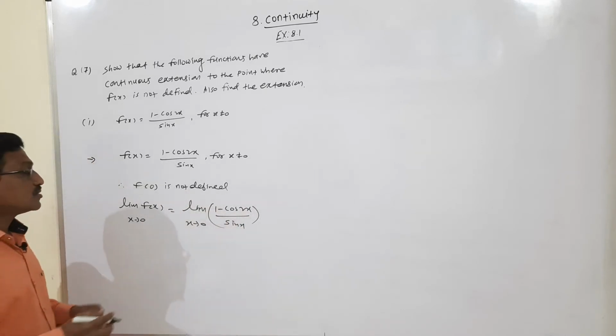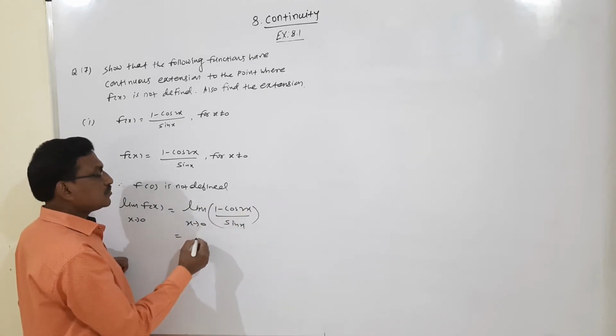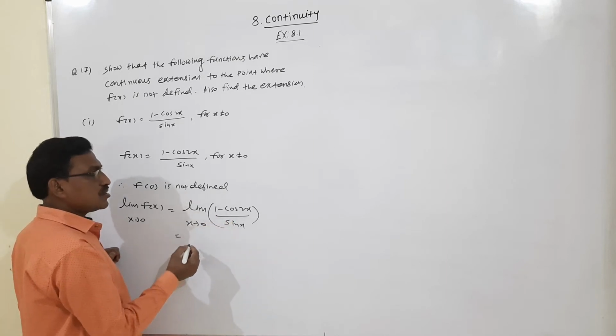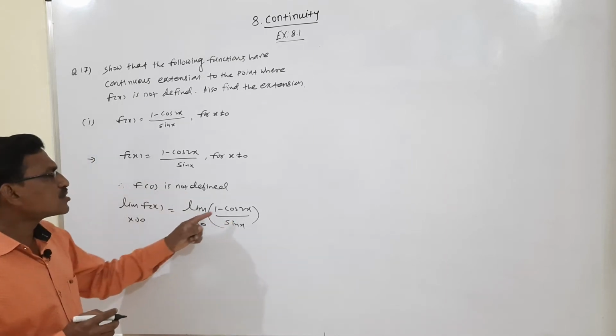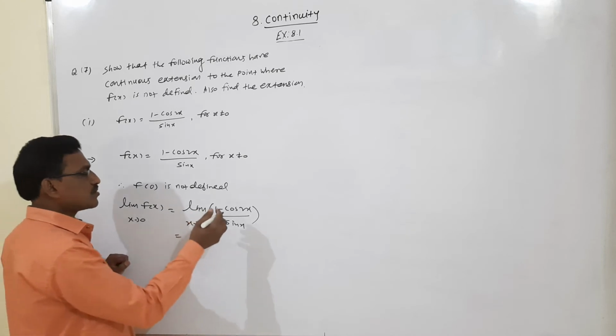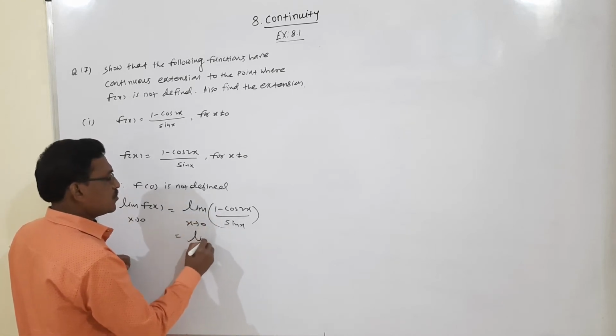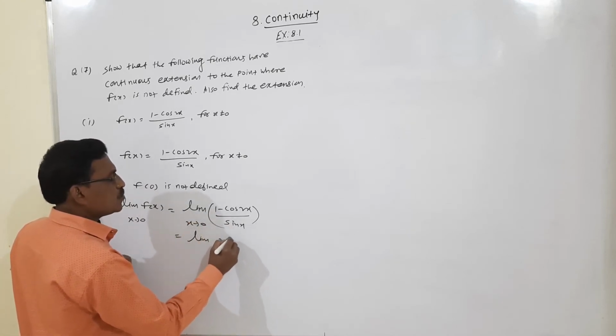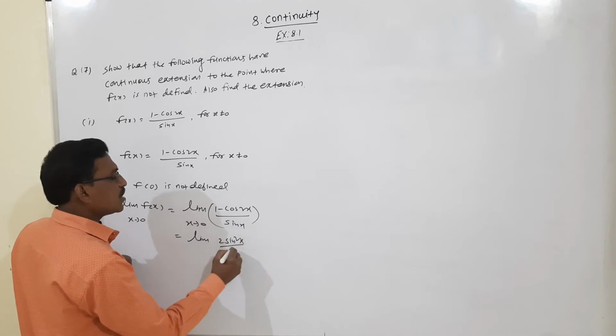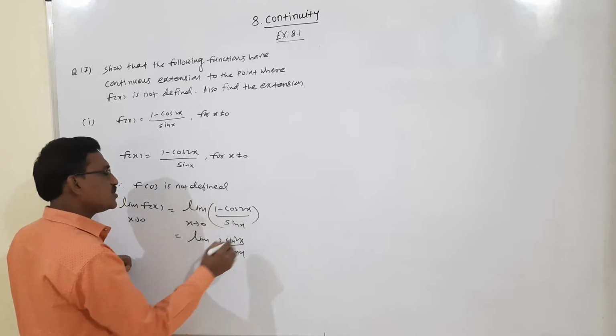Check the limit. Here, by using the double angle formula, 1 minus cos 2 theta is equal to 2 sin square theta. So we write 2 sin square x divided by sin x.